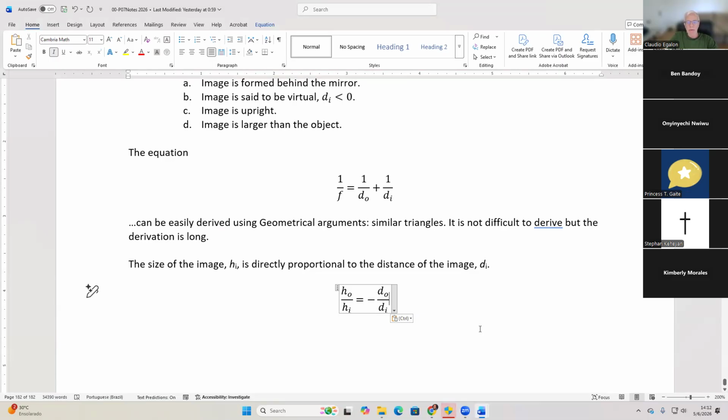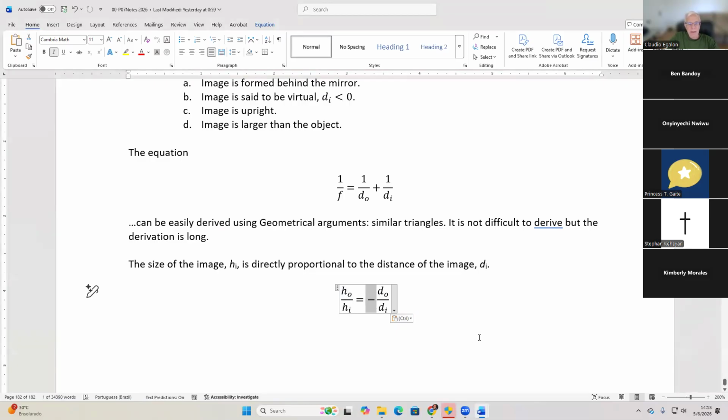It depends, of course, on the size of the object. If the position of the image is positive, you get a ratio of the size of the image divided by the size of the object that's negative.